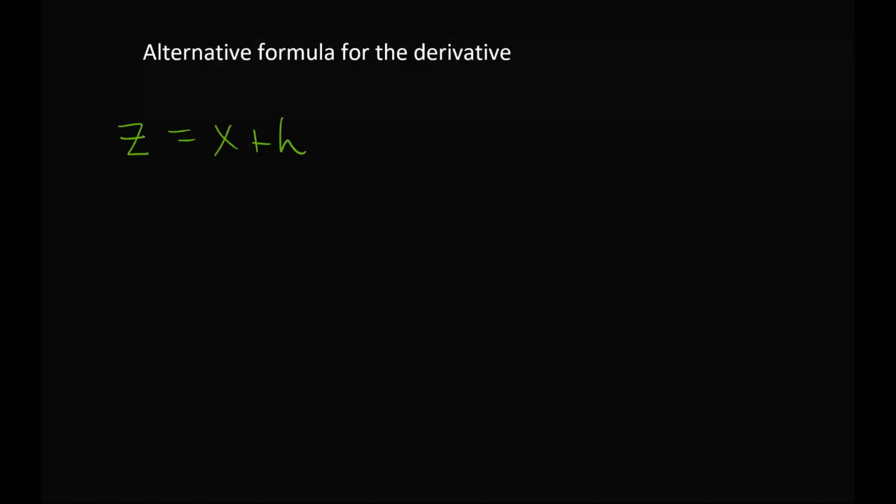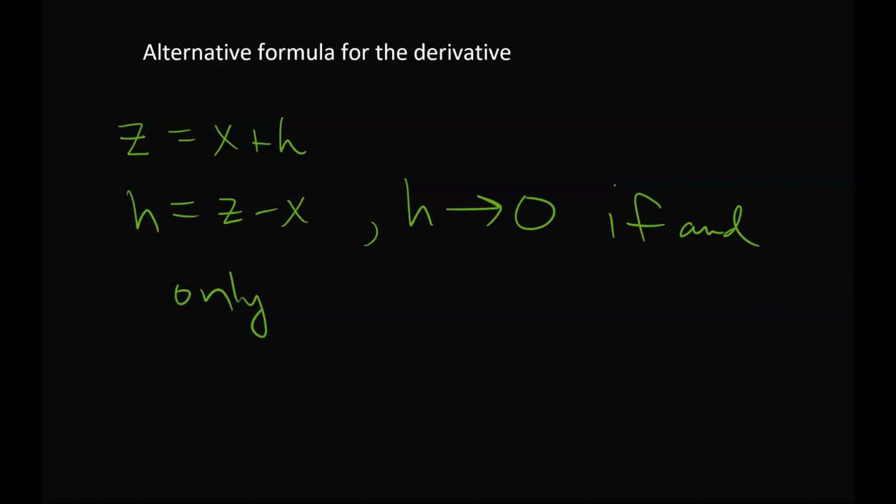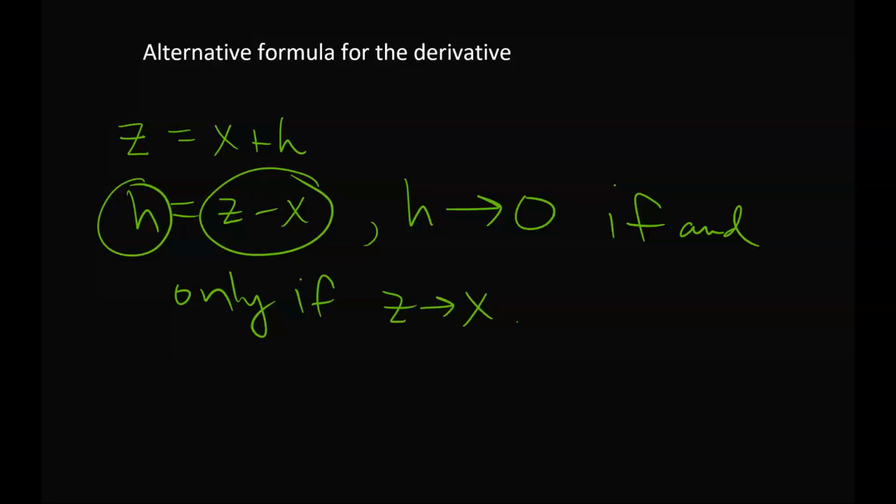And since we could rewrite this, solving for h, as z minus x, then we can see that h approaches 0 if and only if z approaches x, so the left-hand side approaches 0 only if the right-hand side approaches 0.